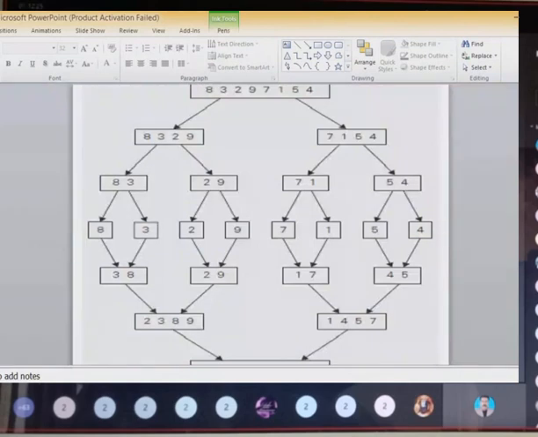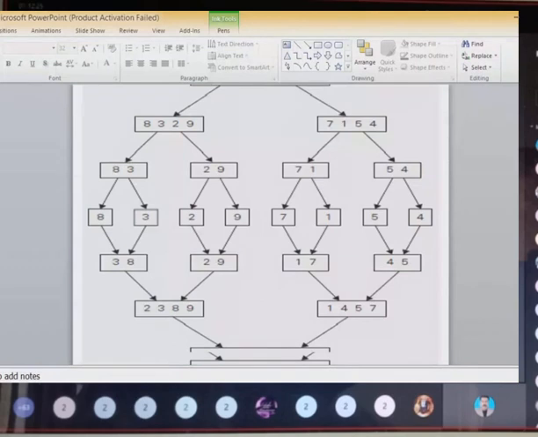Finally, combine the sorted parts into 1, 2, 3, 4, 5, 7, 8, 9. Clear everyone? This is called merge sort.